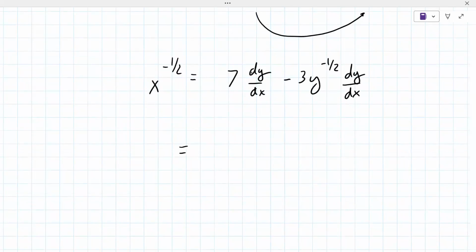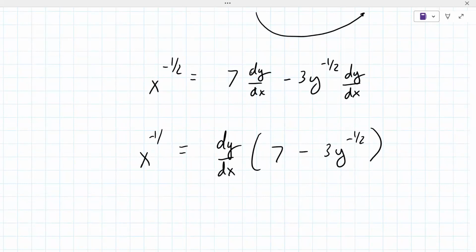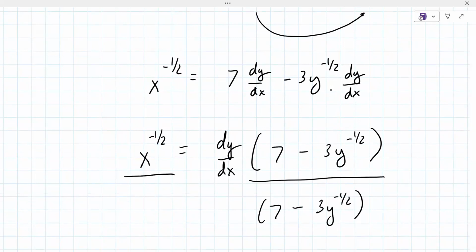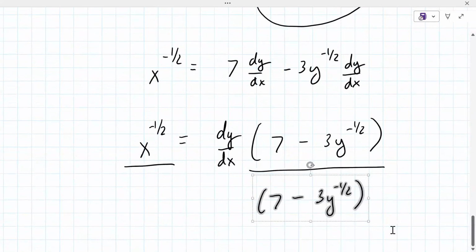And then you factor out the dy dx, which looks a little weird, but this is what you're asked to do. And then you divide both sides by what's not the dy dx, because your goal is to get dy dx by itself.